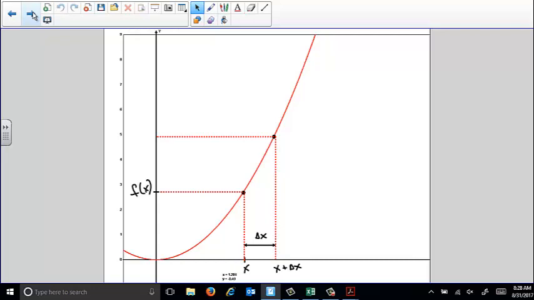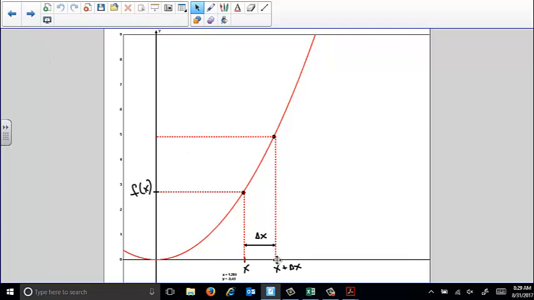Right now, just think of it as far enough away that it's easy to calculate, but doesn't have an infinite number of decimals. So let's say this were 2. If we were talking about a specific case, this might be x equals 2, and this might be 2.1 or something like that. Just to give you an idea of what delta x may be to start with.